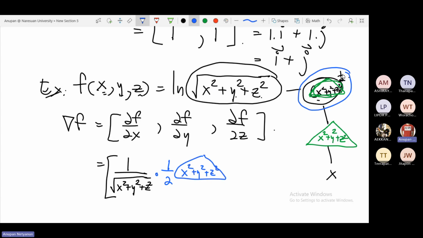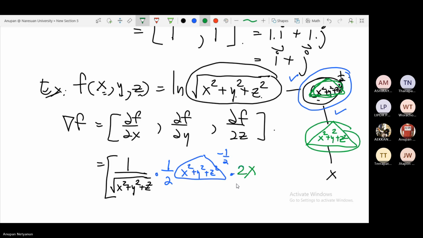And then you reduce the power by 1. So you have the negative 1/2. Okay, so you finish this, then finally you have to take derivative of this with respect to x, where y and z are constant. So this becomes 0, 0, and then you have 2x.